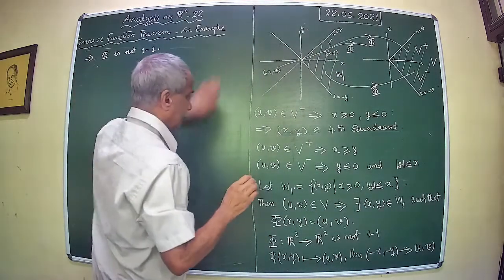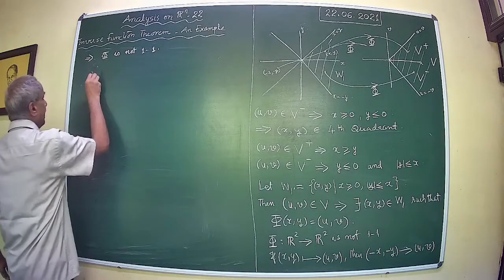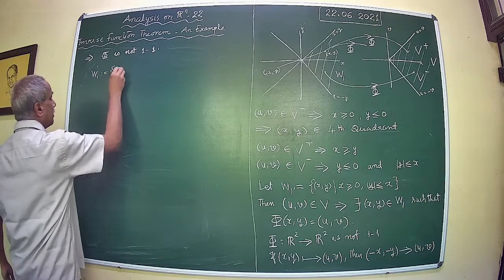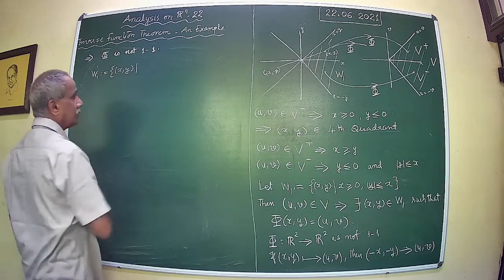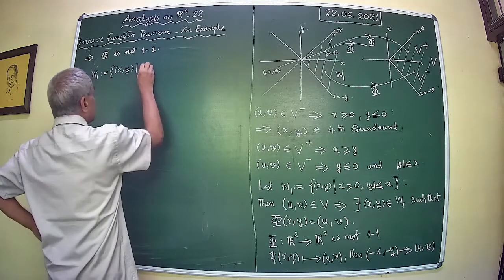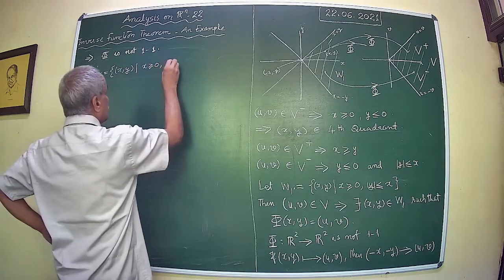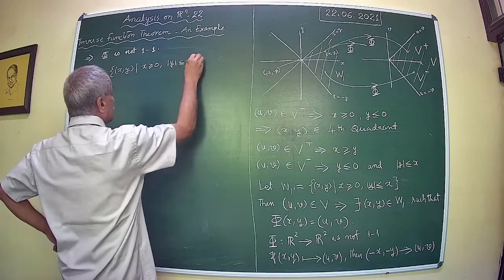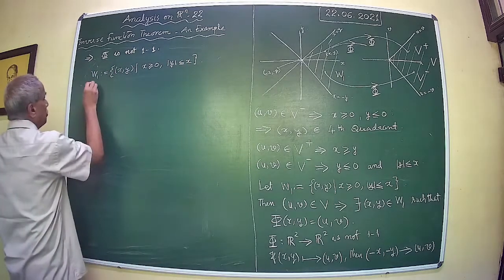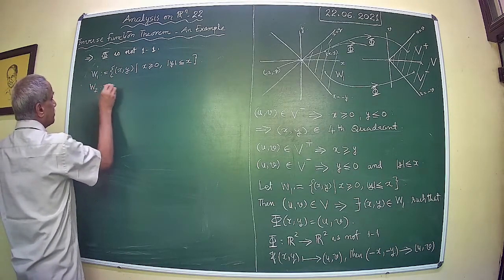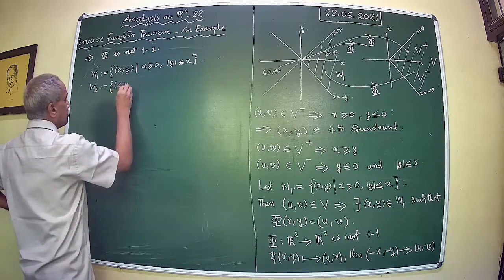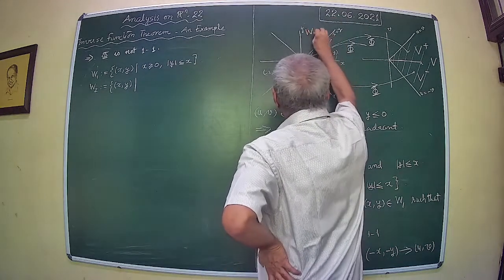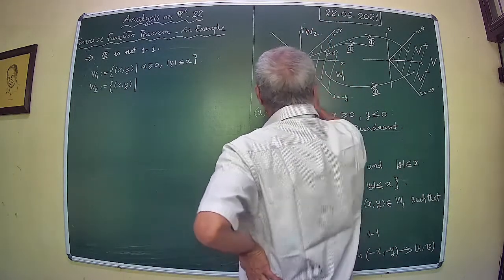let me just designate these sectors by W1, W2, W3, W4. So we have defined W1. Define W2 as, this is the upper wedge that you have, this is W2, this is W3 and this is W4.